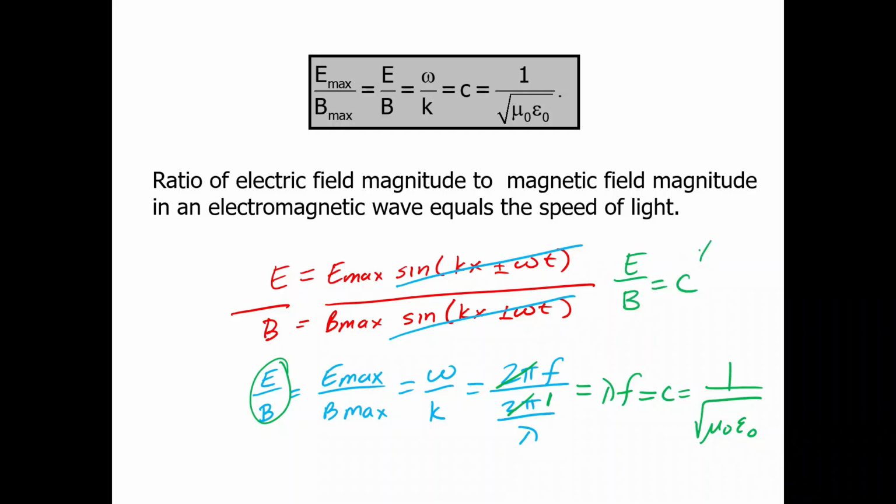So since we know our speed of light, if I know my electric field, I can calculate my magnetic field with that. Or if I look at this section here, I need any two pieces of information, I can find the third. Or given that information, I could find omega, or I could find k. So you can find all of these different things out about your waves with just a small amount of information. I think I've got another video that gives an example of that.